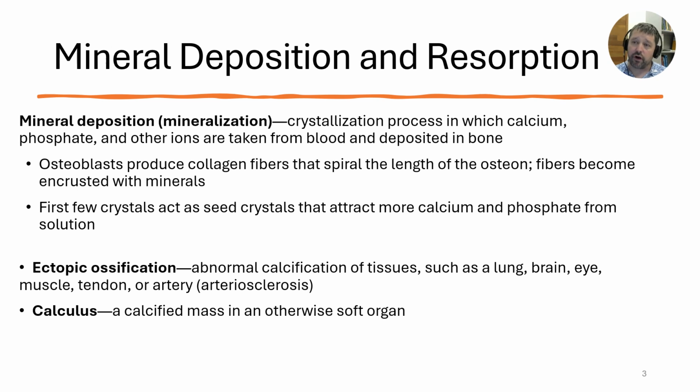And then, of course, there's other tissues that it can build up in, and that's calculi. Those are calcified masses that occur in softer organs. So maybe like your liver, you might have a calcified mass that occurs in your liver or your kidney, or different regions of your body that can just develop these structures.